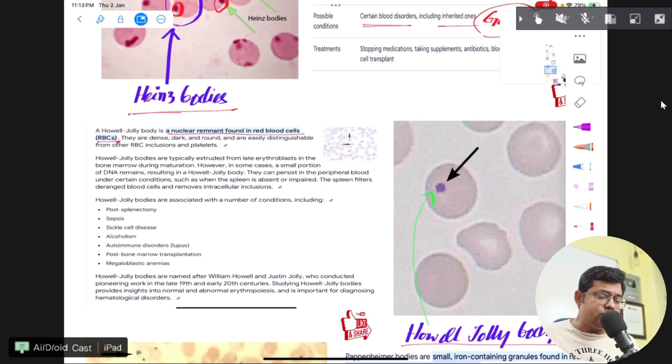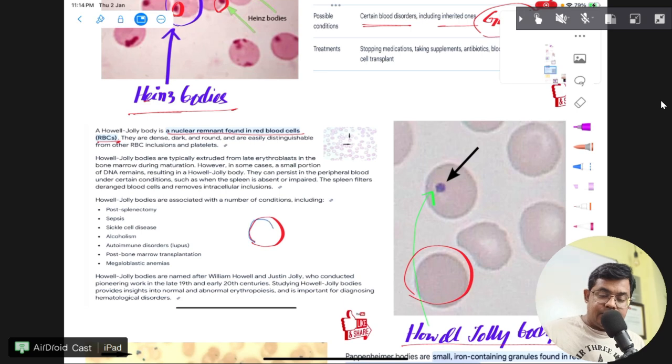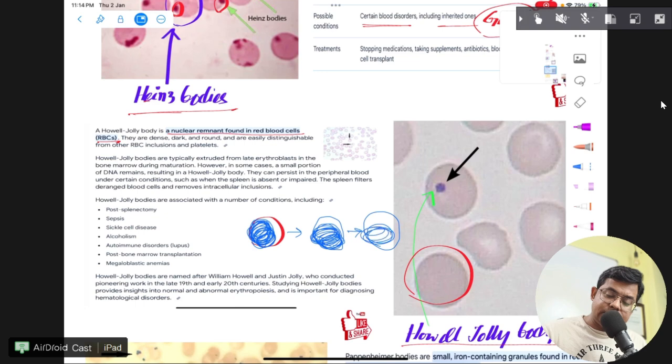So, during the course of RBC maturation, as we know, in the initial phase of RBC development, from the stage of proerythroblast, that is the most primitive form of erythroid cells that resides within the marrow, then there is formation of orthochromatic normoblast, then late normoblast, then reticulocyte, and finally a mature RBC.